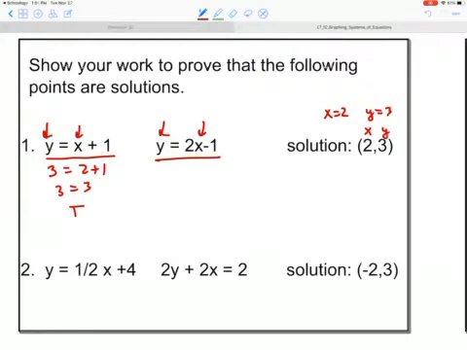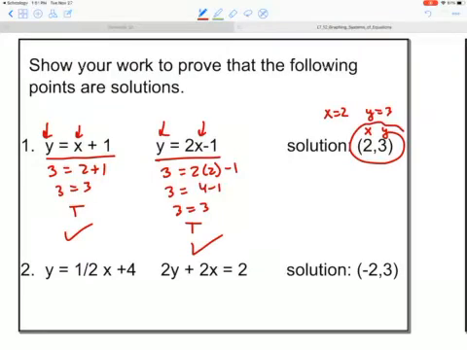True statement, I know it's a solution to this first equation. I plug in my 3 for y and my 2 for x here, and I get 3 equals 3. Another true statement, so I know it works for that. If your solution works for both equations, then you know it is the correct solution to the system. Pause the movie, try number 2, press play when you are finished.